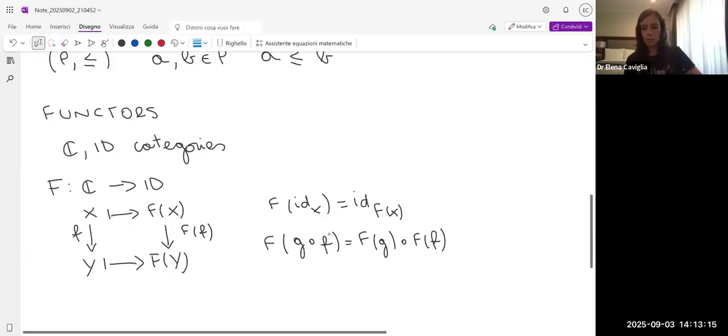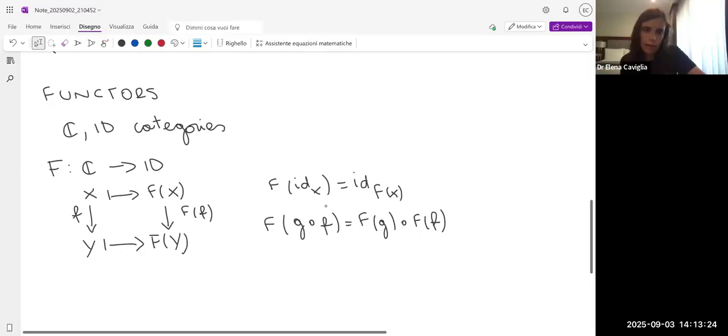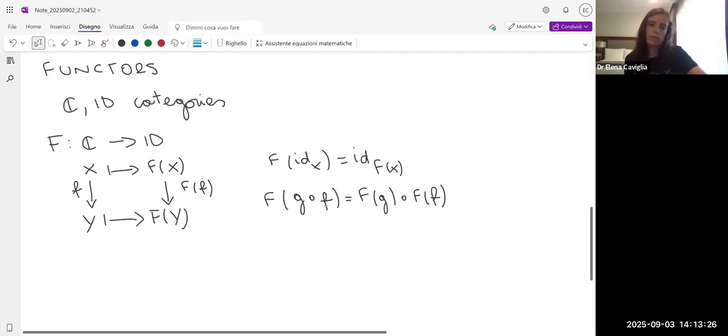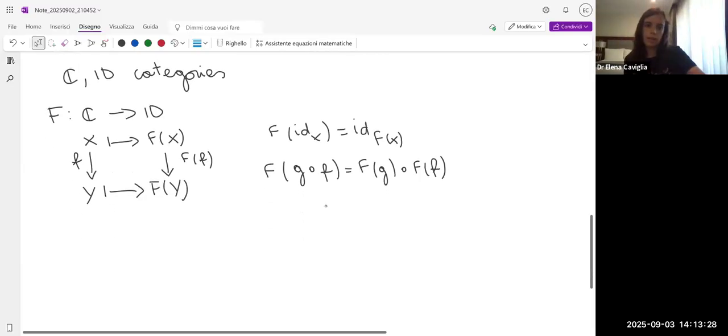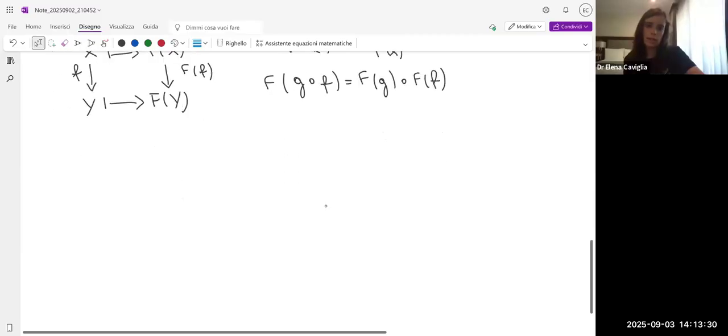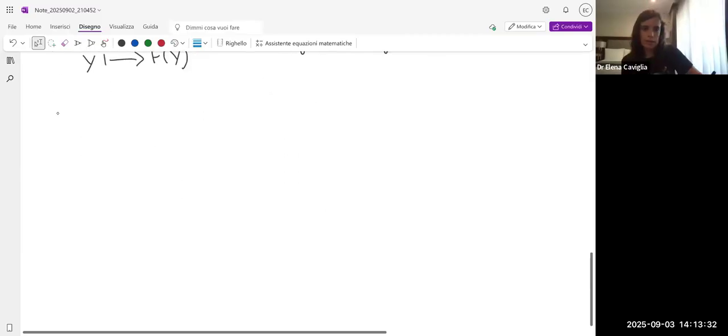So we have that composites and identities are preserved by our functors. Okay, and everyone who has worked a little bit in category theory knows that a very important concept is that of natural transformation. It appears everywhere in category theory. So let's recall this as well.